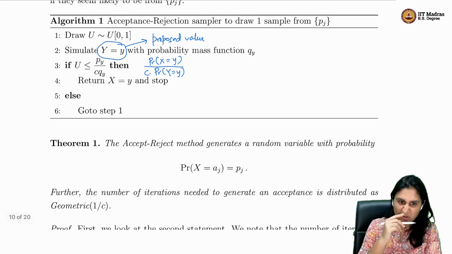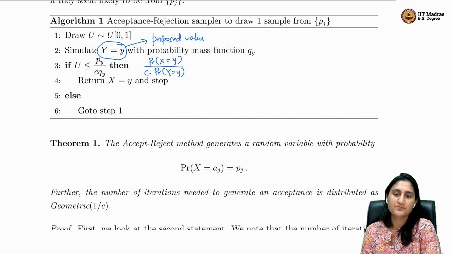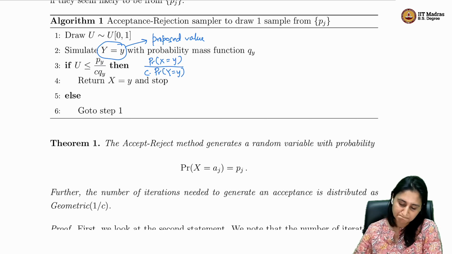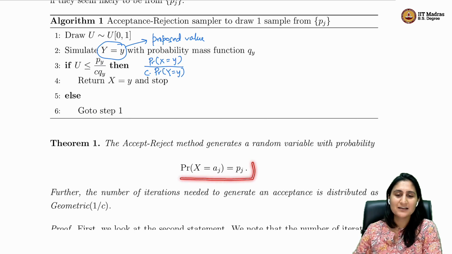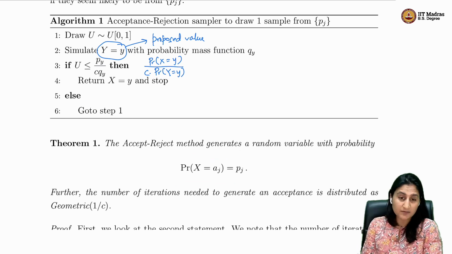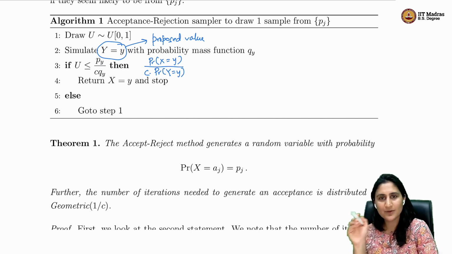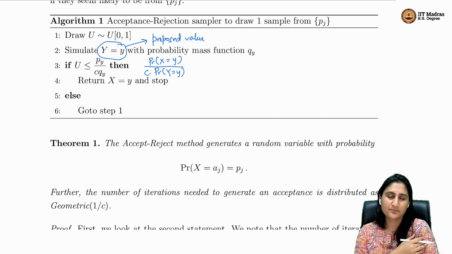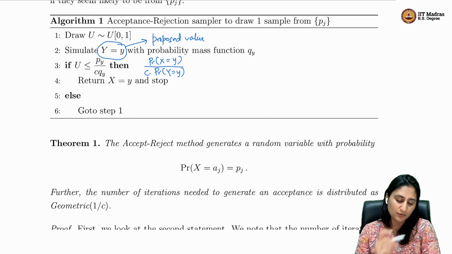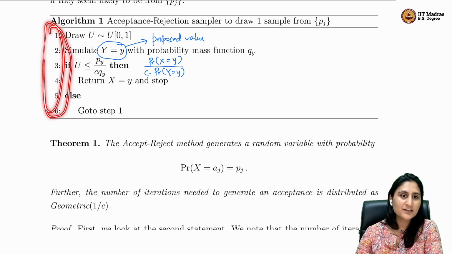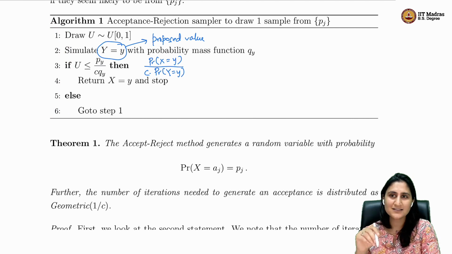The theorem that we're going to look at is that the accept-reject method truly generates a random variable with probability of x equal to aj being exactly pj. And this is my desired distribution. But further, notice that it requires a number of iterations before it can actually accept.